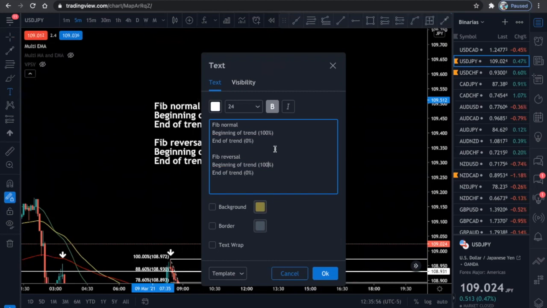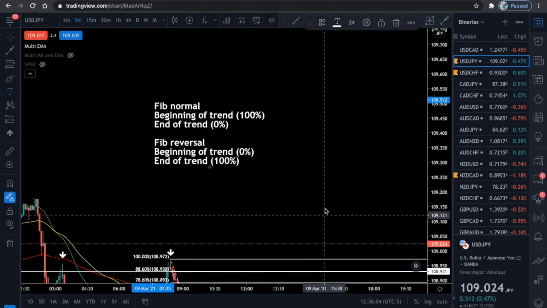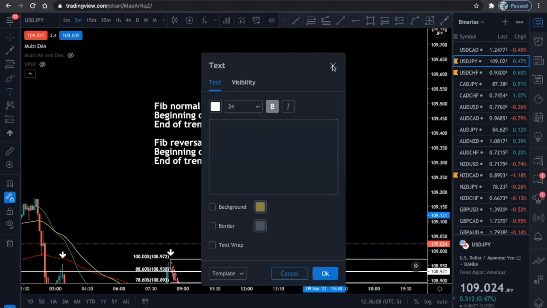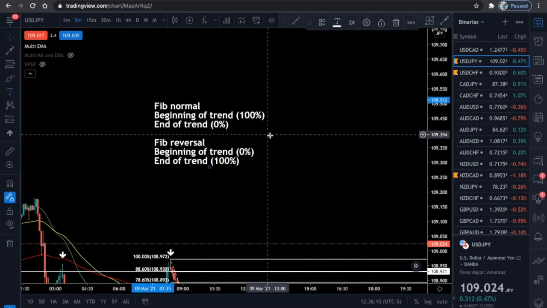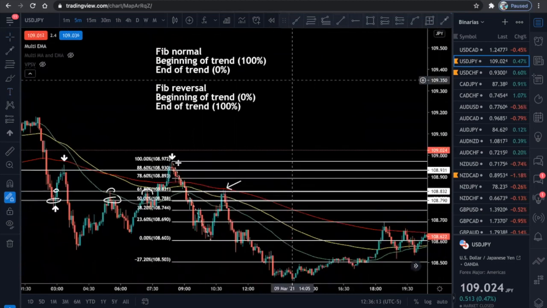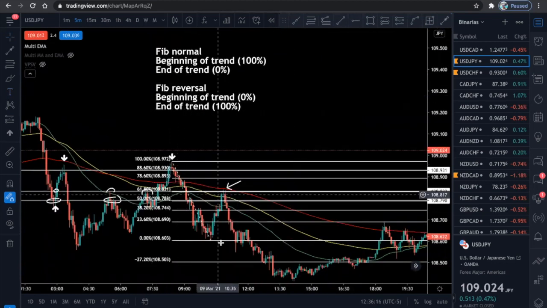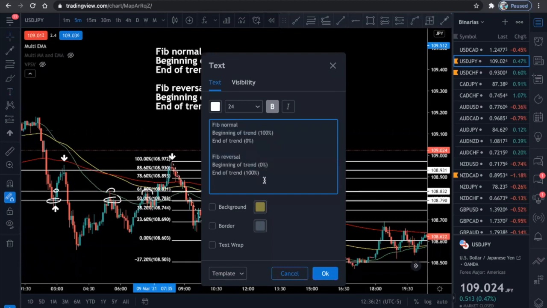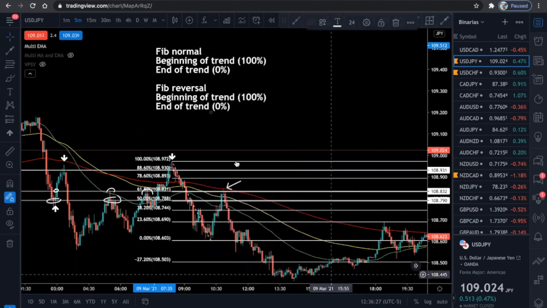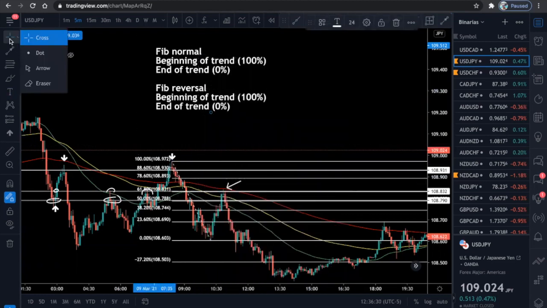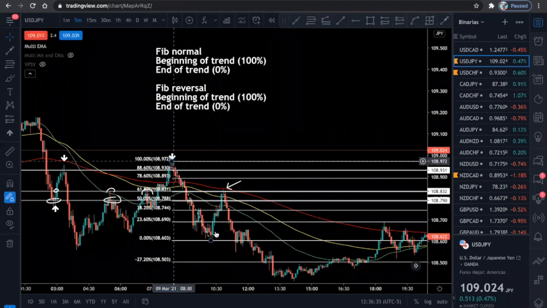So for example, guys, see, I have the reversal fib. It's here 100 and here 0. So reversal Fibonacci. Where's my beginning of the trend? Here. Where does it end? Here.